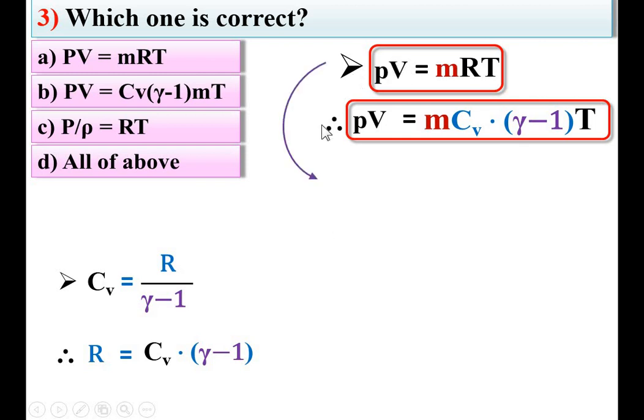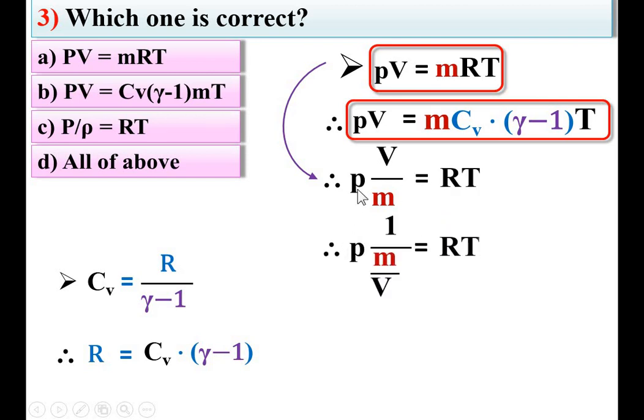I can further simplify it from this equation. P as it is, V as it is, but here I have taken M from the right to the left side, so it is over here, is equal to RT as it is. Further simplification: P as it is and V over here, M by V is equal to RT.